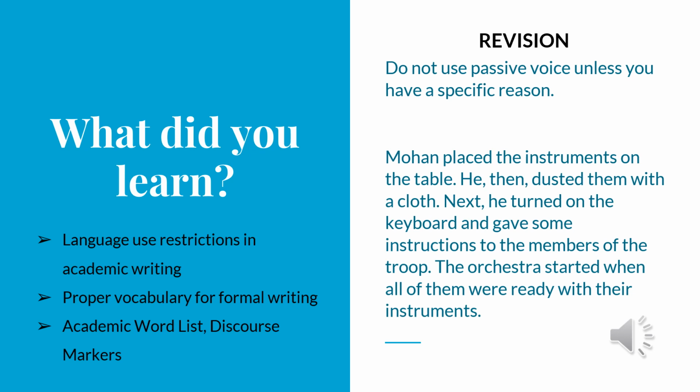Now, as part of revision, these two sentences here actually appear at the beginning of this unit as part of warm up, but I'm introducing it towards the conclusion because I thought you will be able to correct those sentences in a better way if you attempt it after understanding the proper vocabulary to be used in academic writing.